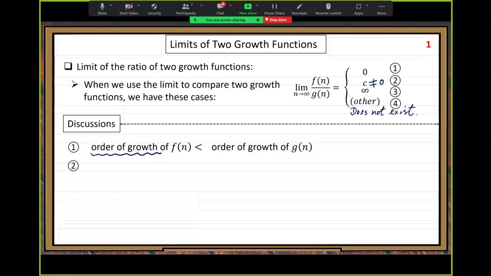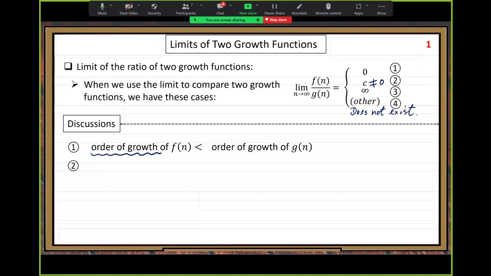The second case, the ratio is a constant C. Here you can see these 2 functions pretty much increase with the same pace. If the first function doubled, the second function also doubled.